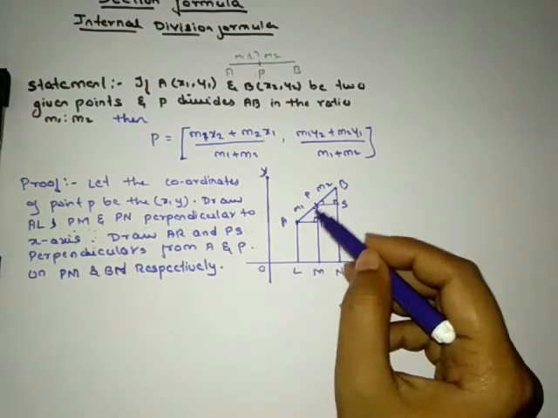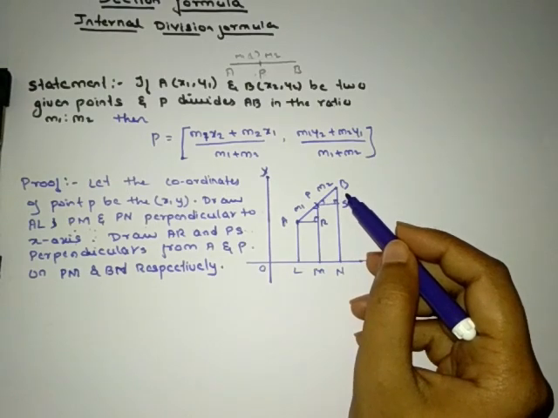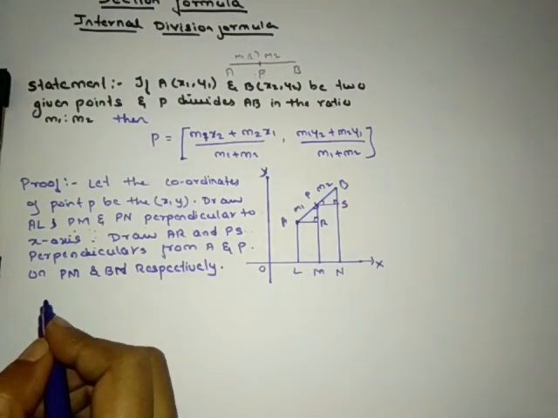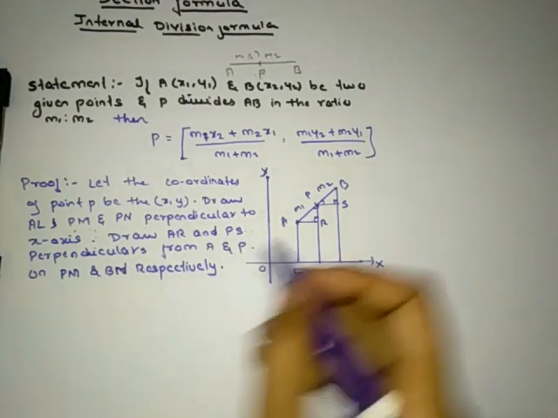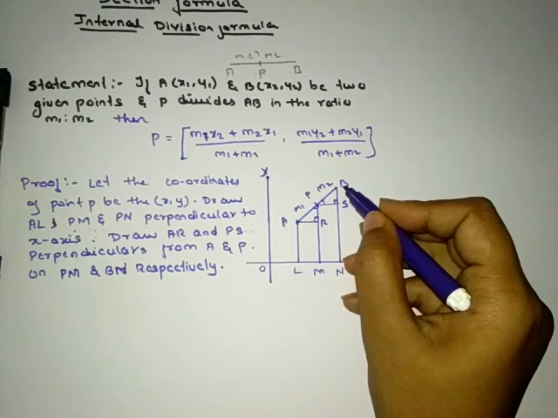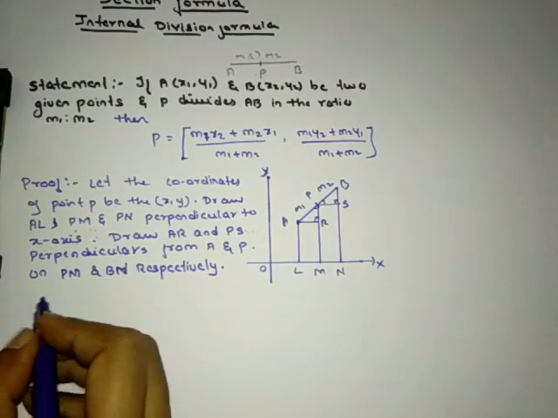If these two triangles are similar, then we can write that their corresponding sides are in the same ratio, isn't it? So we'll write it here first. And also we know that AP divided by PB is equal to m1 divided by m2, isn't it? Okay, we'll write here.